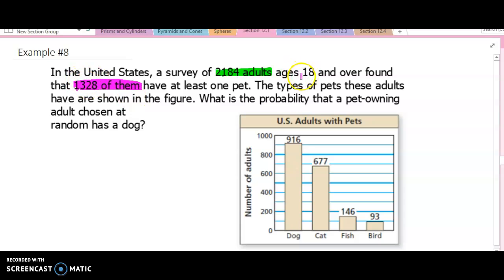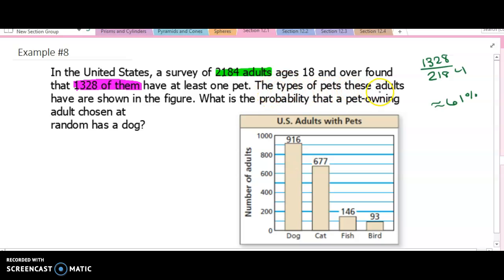So if we wanted to, and this isn't what it asked, but if we wanted to find the probability that an adult has a pet, we would do 1,328 out of 2,184. And you'd get roughly about 61%. But that's not what we're asking.